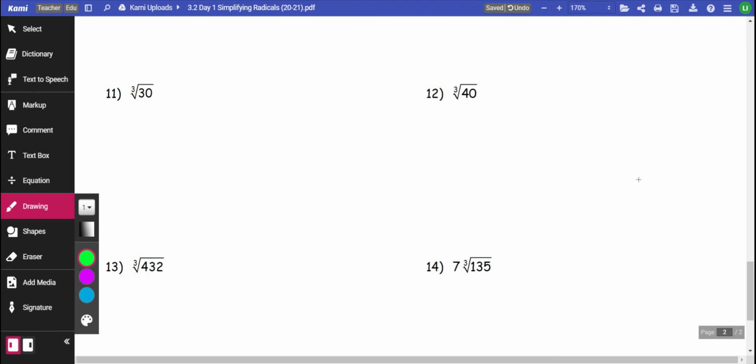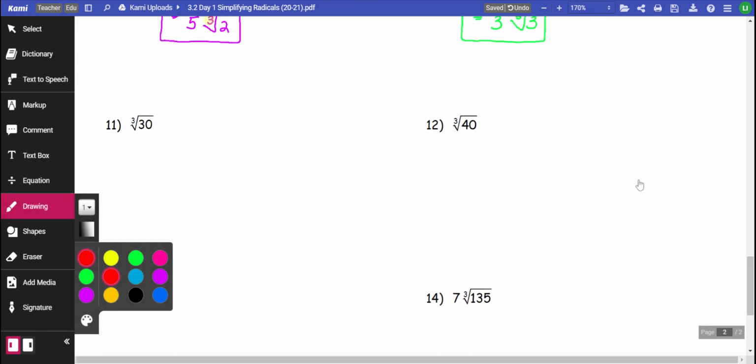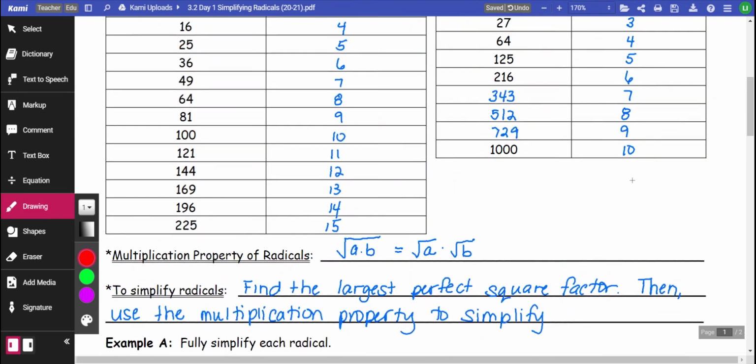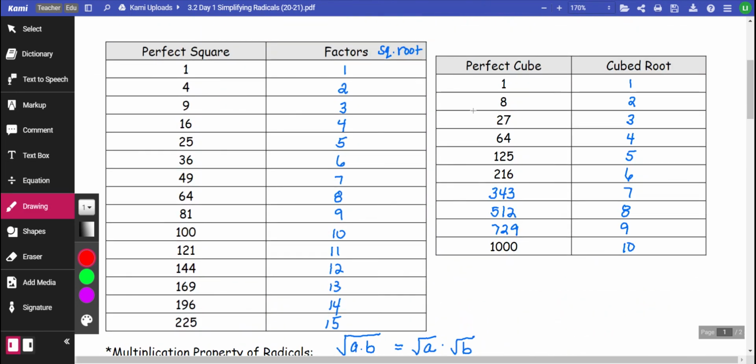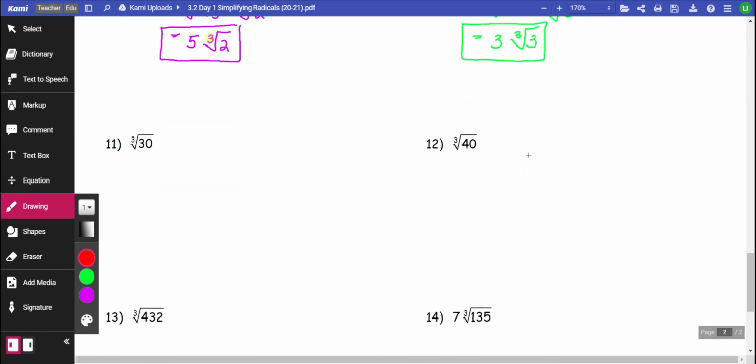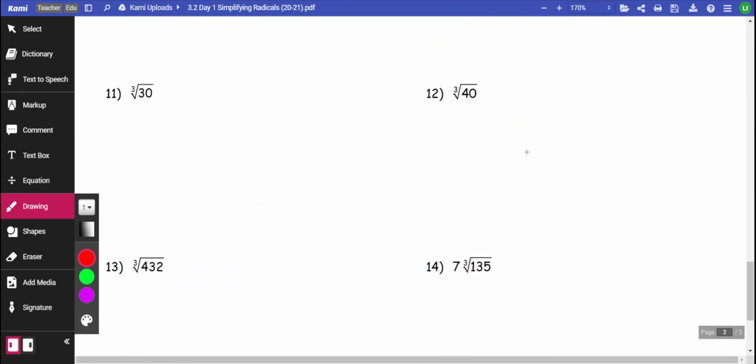Okay, if you want, pause the video and try 11 and 12. Now, for number 11, we have the cube root of 30. So 30 is 3 times 10, or 5 times 6. If we go back to our perfect cubes, none of these numbers divide evenly into 30 again, so this does not simplify again.